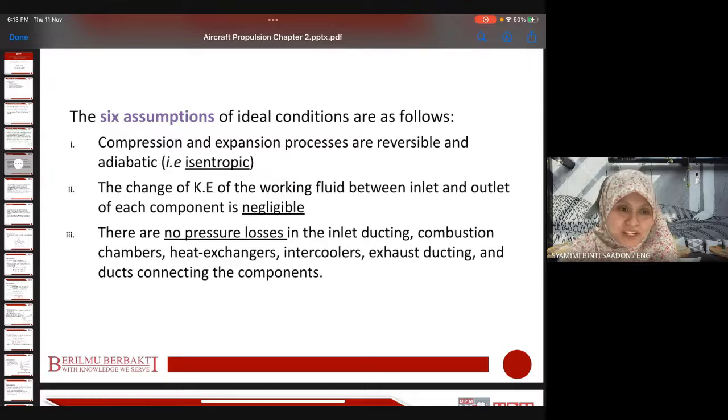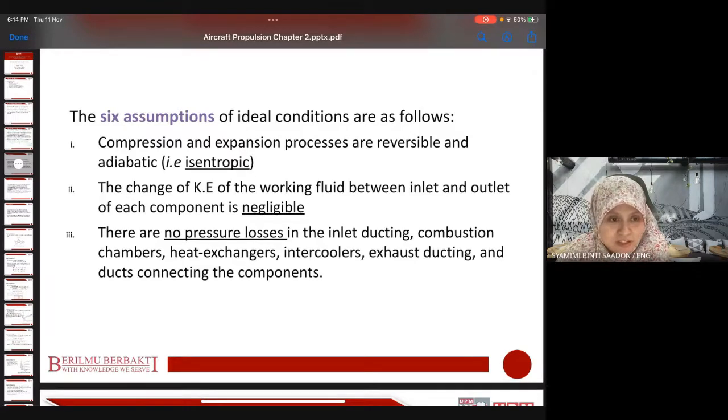But we have to state these assumptions. I mention this because maybe next semester, when you do your dissertation, and not just about propulsion but maybe other areas as well, it is like thesis research. When you want to propose your topic, you have to mention first what your assumptions are.